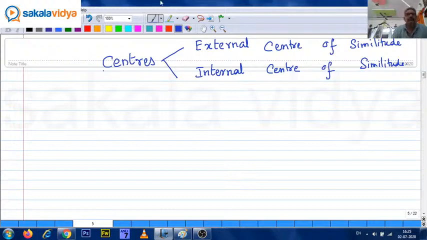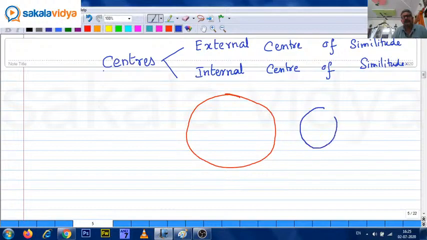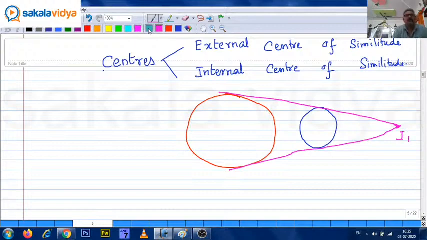For example, see, the two circles like this. Two direct common tangents can be drawn. They meet at a point, say I1. Now you join their centers. This is C1, say this is C2.